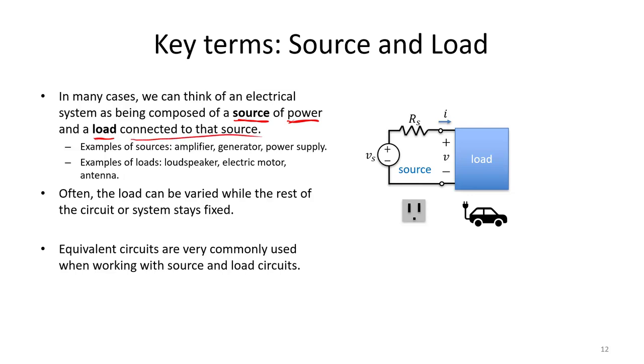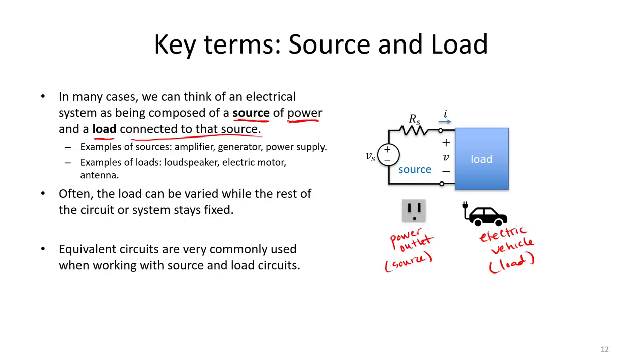As you see in this figure, our source could be like our power outlet, right? And then maybe we're plugging in our electric vehicle. So examples of sources: basically anything that provides power into our circuit.